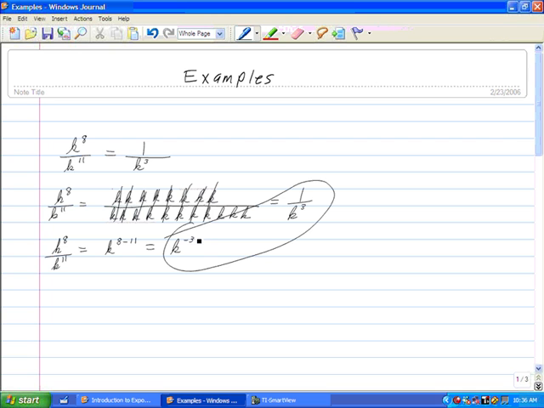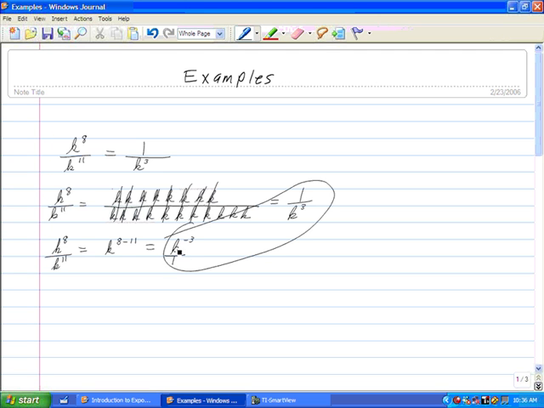When you use the quotient rule and you get a negative exponent, or anytime you have a negative exponent, what is implied is that this base is on the wrong side of the fraction. This base, as it is written right now, is in the numerator's position because you don't see another numerator over top of it. You can always assume a denominator of 1.